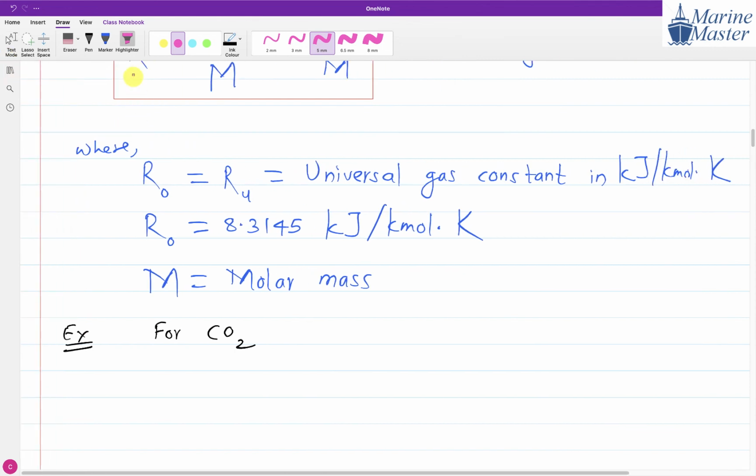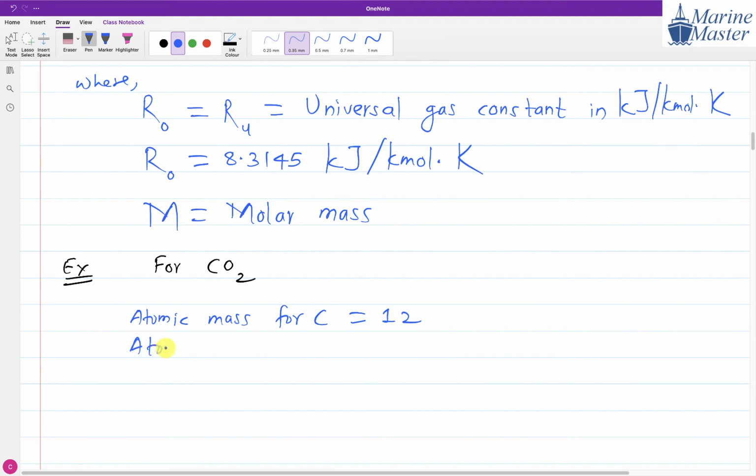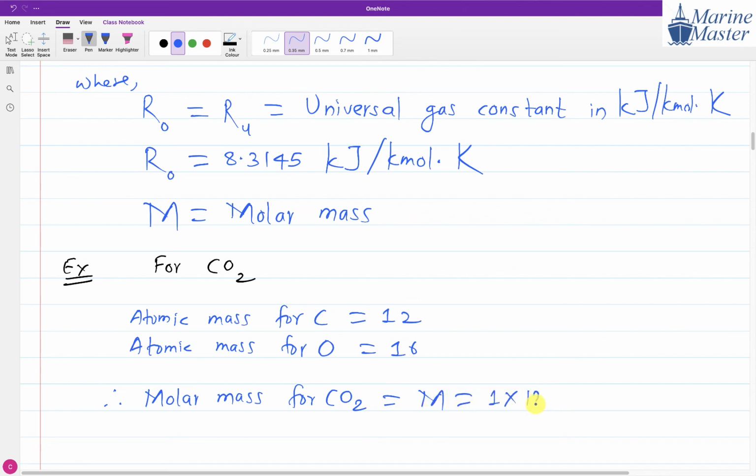So in this case, the atomic mass for carbon, C, is 12, and the atomic mass for oxygen is 16. Therefore the molar mass, which we denote by capital M, for CO2 will be: 1 carbon, 1 into 12, and 2 oxygen, 2 into 16.